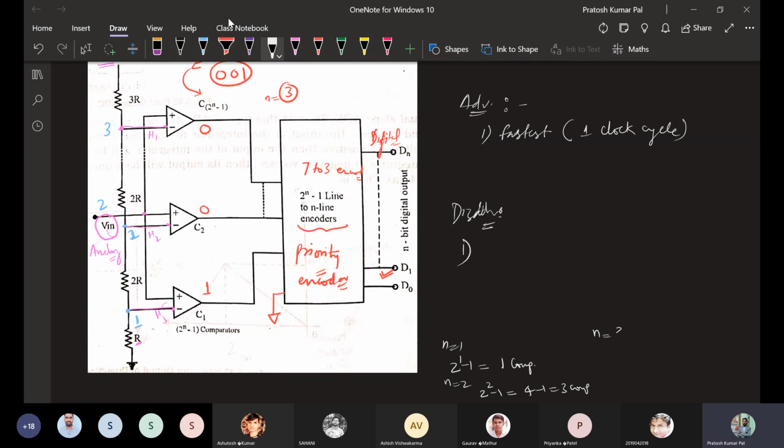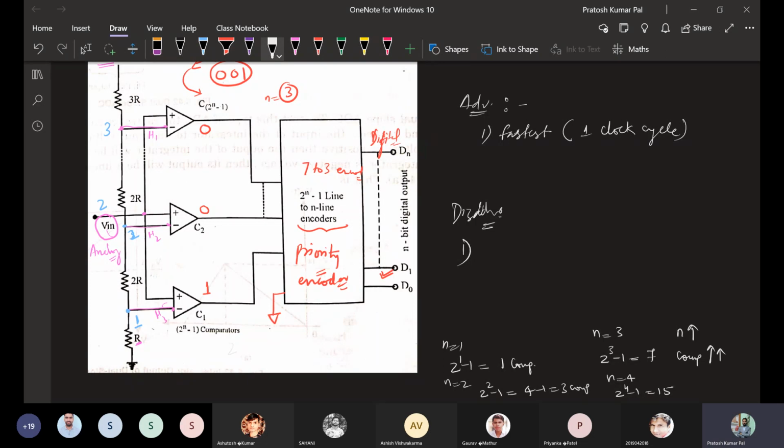If n is equal to 3, that means 2 to the power 3 minus 1, that means 7 comparators will be required. If n is equal to 4, it is 2 to the power 4 minus 1, that means 15 comparators will be required. So as we increase the n value, the comparators required will be very high.